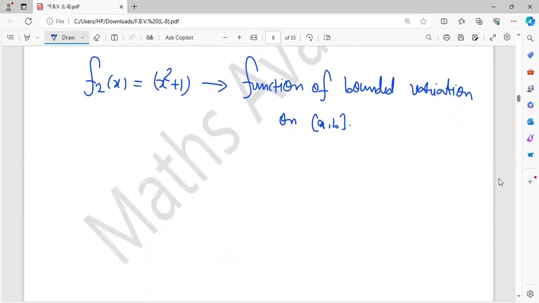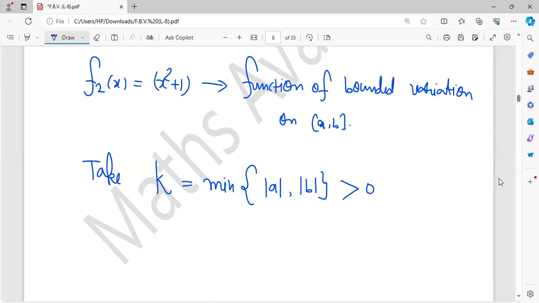Now take k is equal to the minimum of the absolute value of a and the absolute value of b. Whether the minimum will be greater than 0?